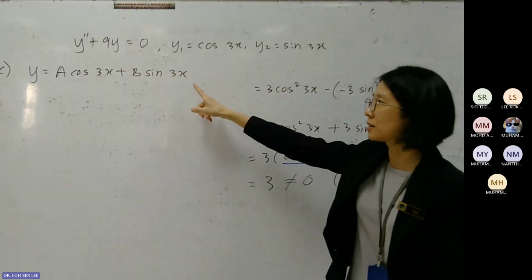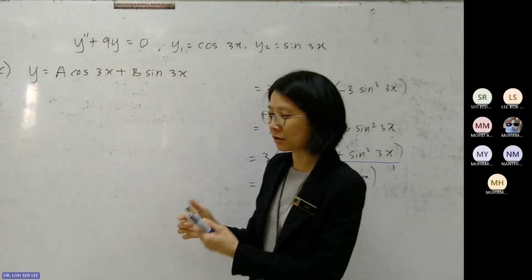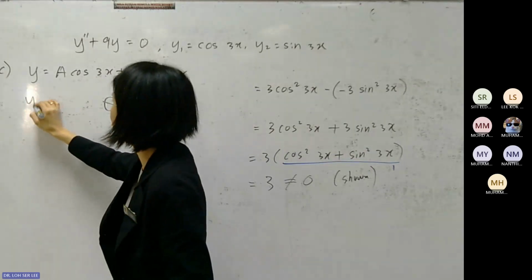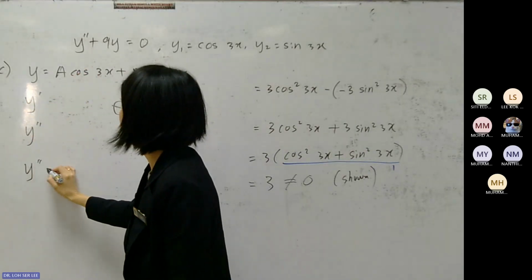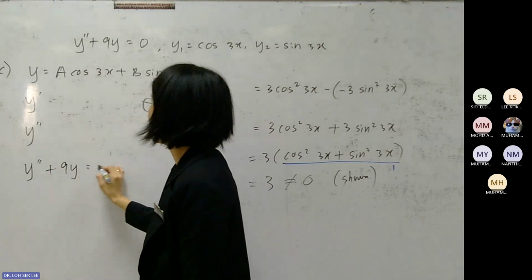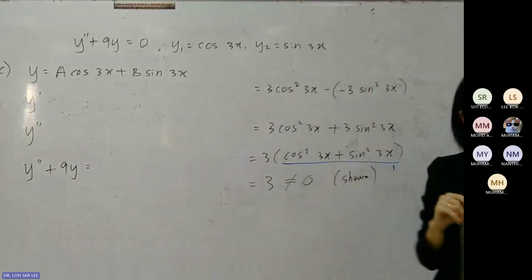So we follow the same steps: find y prime and y double prime, substitute only into the left hand side and check whether the right hand side is 0.